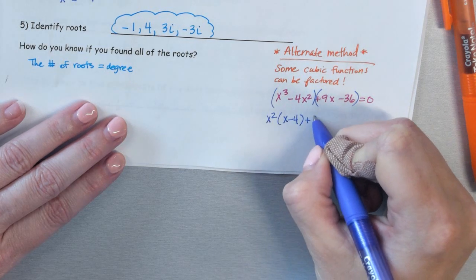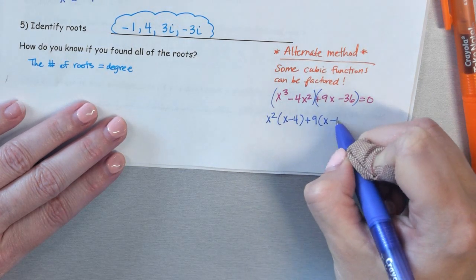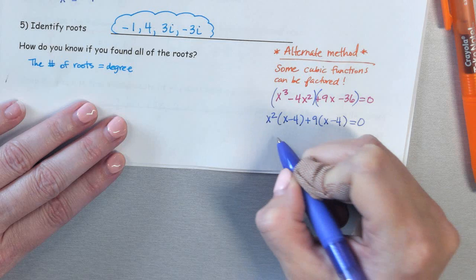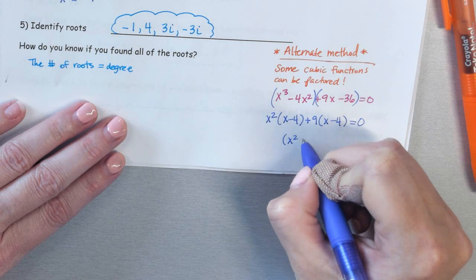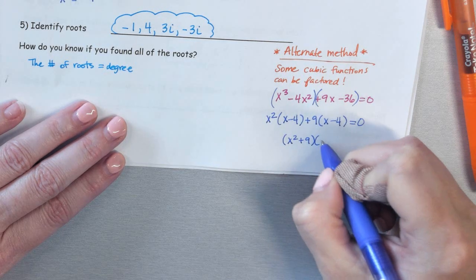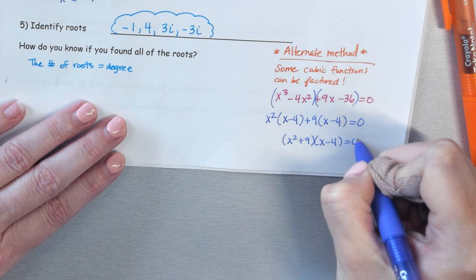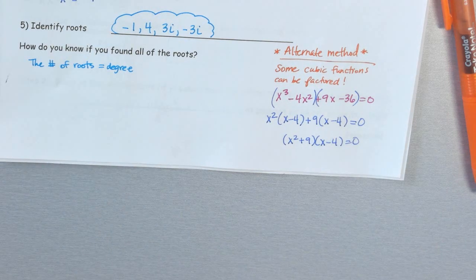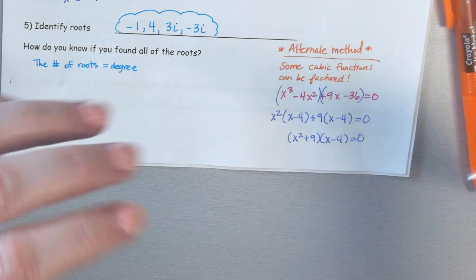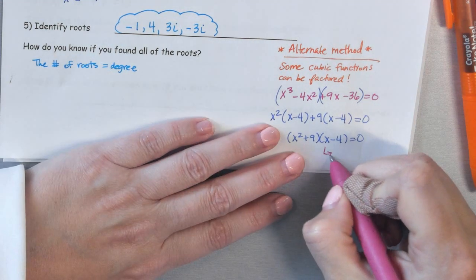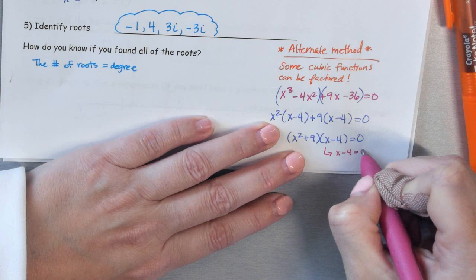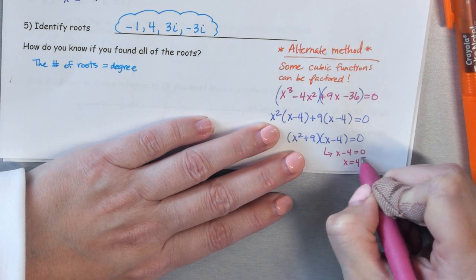If I take out the GCF here, I'd have 9 times x minus 4. So then I'd have x squared plus 9 times x minus 4. And then what I could do is set each of those equal to 0 and solve. If I set x minus 4 equal to 0 and solved, I get x equals 4.